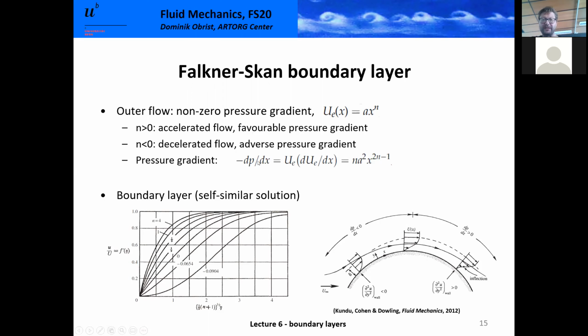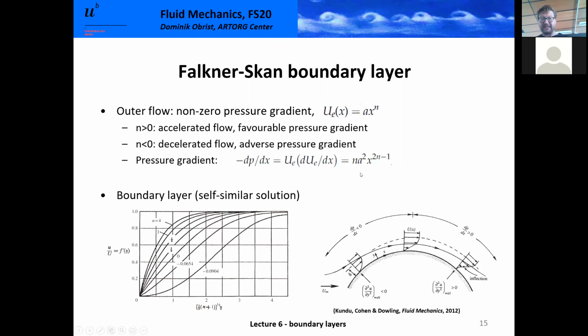Or take Bernoulli, pressure plus 1/2 rho u squared is equal to, there's actually a rho missing here, just is exactly constant. So if you take the derivative with respect to x of the Bernoulli equation, you get exactly this expression.